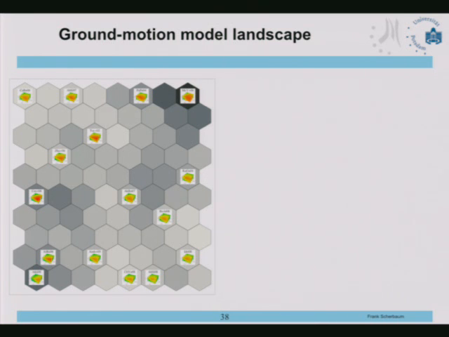On the other side, the Eastern North American models, the Atkinson 08 and Atkinson and Boore 07, are living on the other side. And you can also see by looking at the median voxel plots how different they are. Just visually, they are living in a hilly terrain, and they are not so far away from the others. They are a little bit away, but not so far. And the ones which are closest together are Chiou and Youngs and Abrahamson and Silva NGA models.